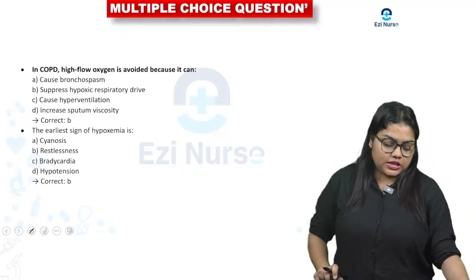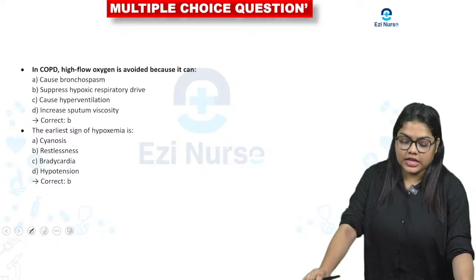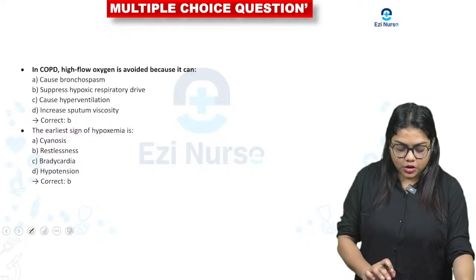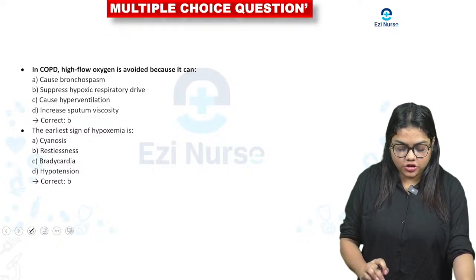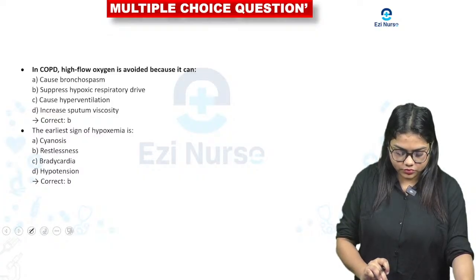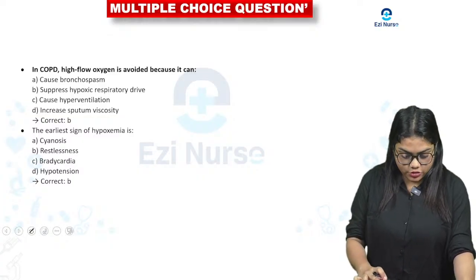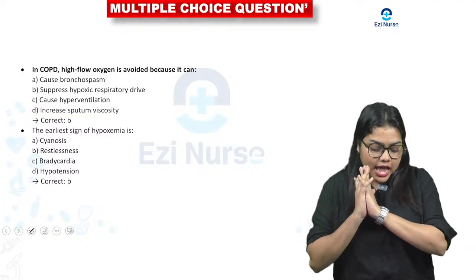The next question is, the earliest sign of hypoxemia is. The options are cyanosis, restlessness, bradycardia and hypotension.